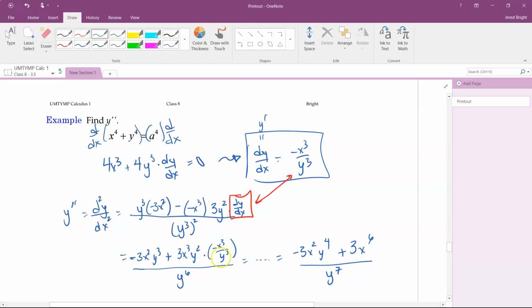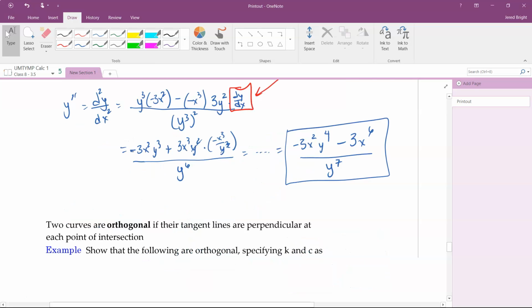So when you simplify this, you would be left with a y in the denominator over here, and then we just increase the power on y in both of the other terms to account for that. So this is what it would simplify to. Oh, and that should actually be a minus. Okay, so the big idea here is if you're finding a second derivative that uses implicit differentiation, make sure to substitute in the first derivative that you already found and simplify.